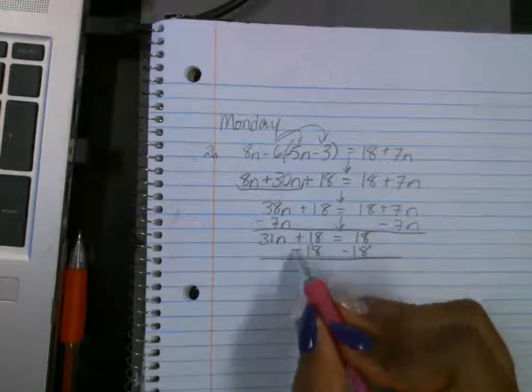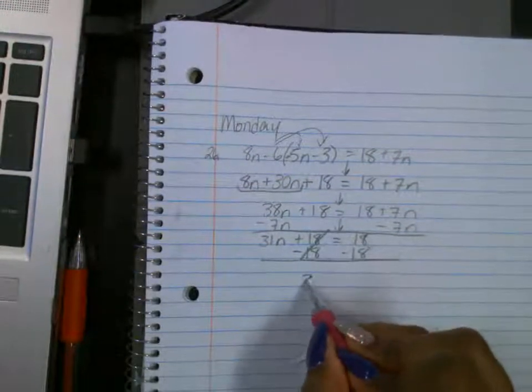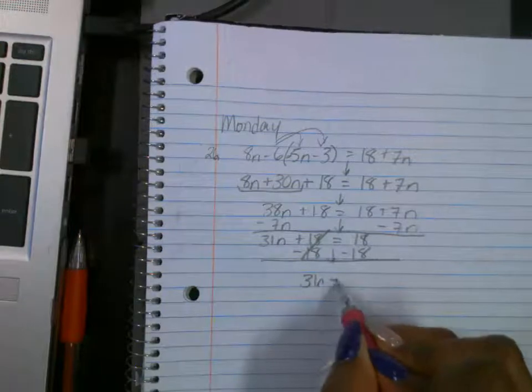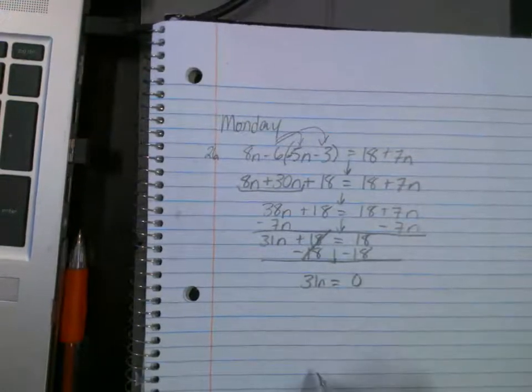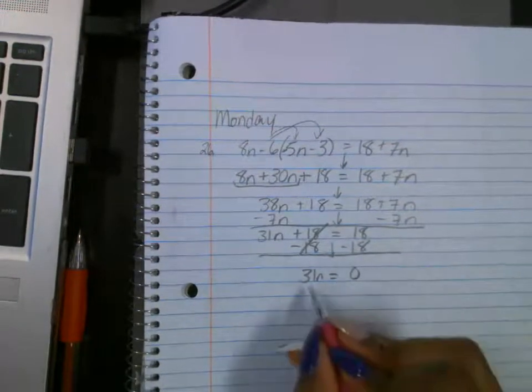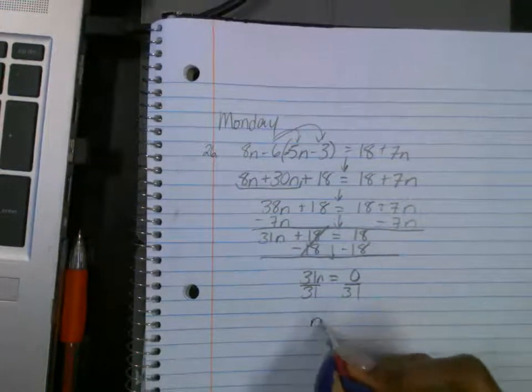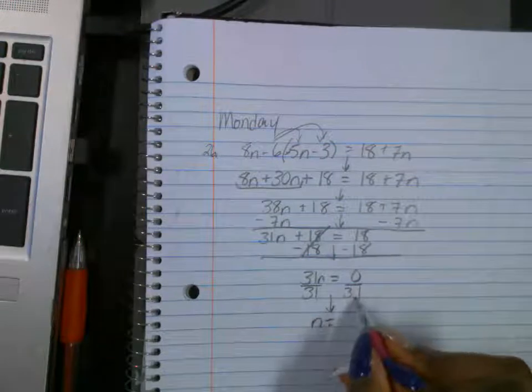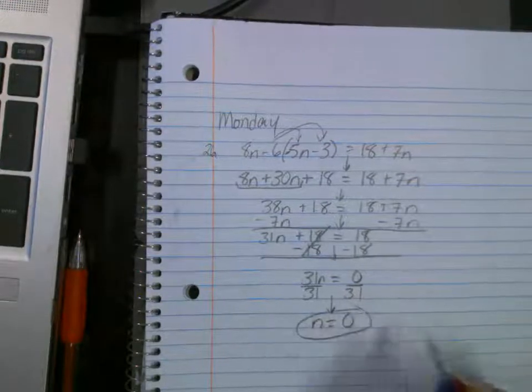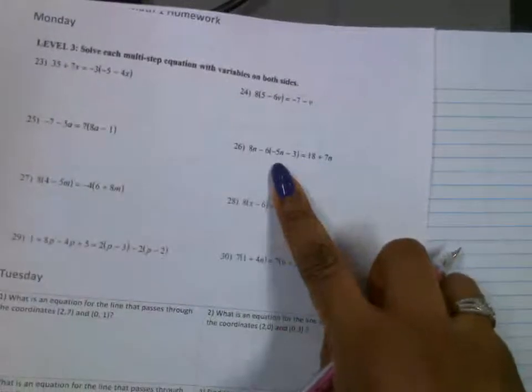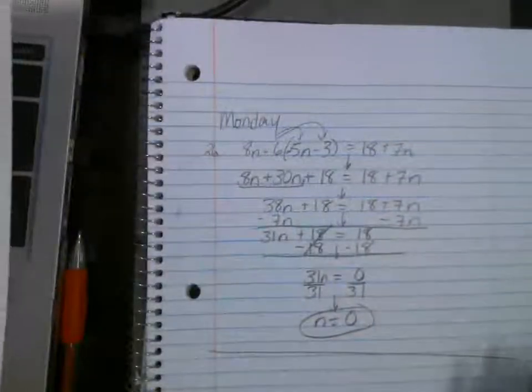And this is going to give us 31n is equal to 0. To get n by itself, we're going to divide both sides by 31. And this is going to give me n is equal to 0 over 31, which is 0. So the answer for number 26, this one right here, is 0. Okay? Please make sure you show your work.